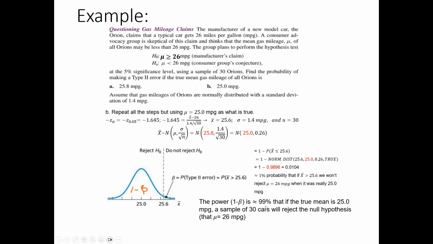So it's 99%. If the true mean is 25 and you have a sample of 30 cars, we will reject the null hypothesis. With any sample, there's a 99% probability that a sample mean will lead us to conclude that we will reject the null hypothesis. So we have a lot of power if the true mean is 25.0 to reject a false null.